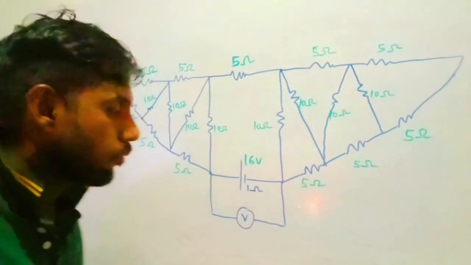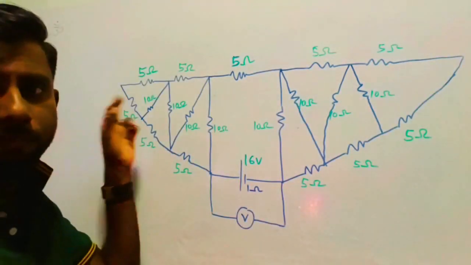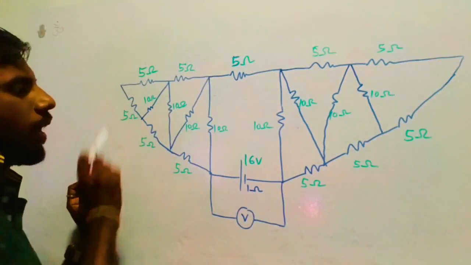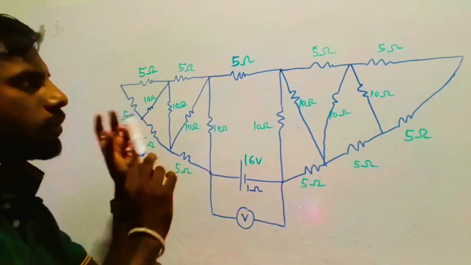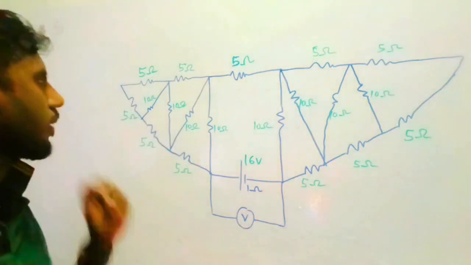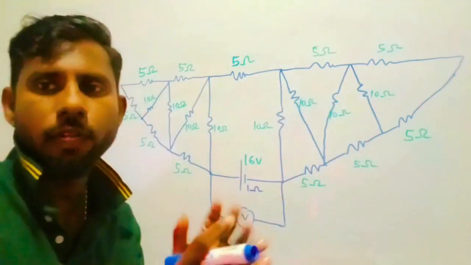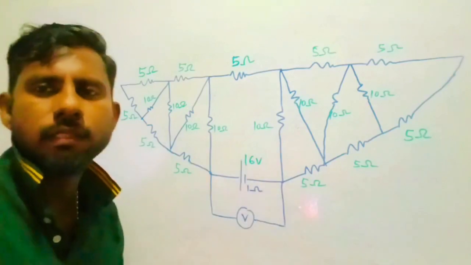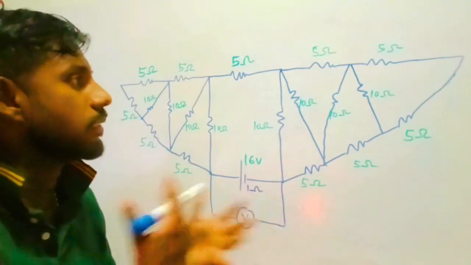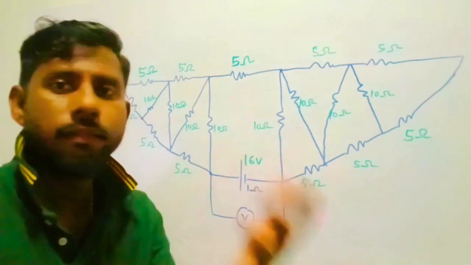I'm starting from here because this is the only end where I can easily find two series or parallel resistors. Others are connected in so many ways that I cannot tell which resistors are parallel and which are series.